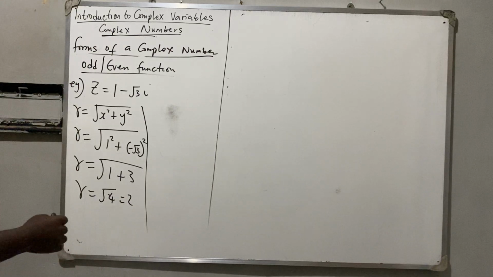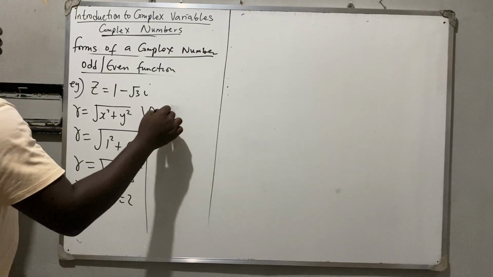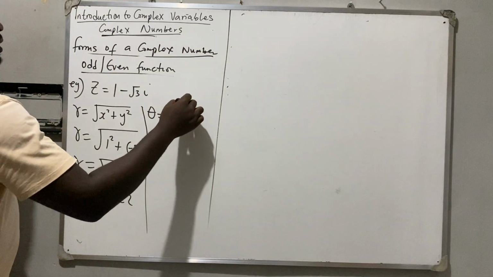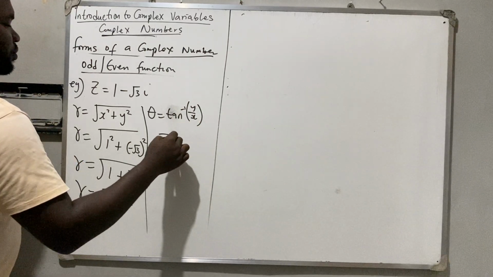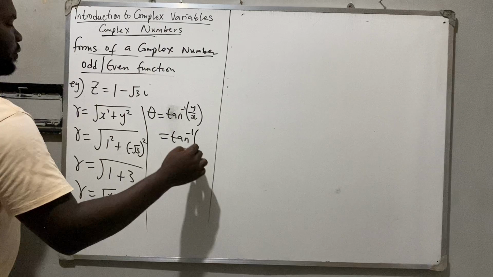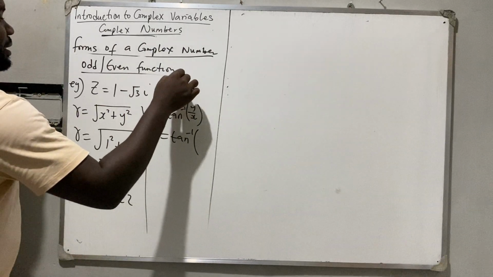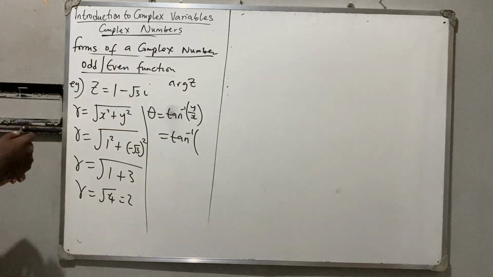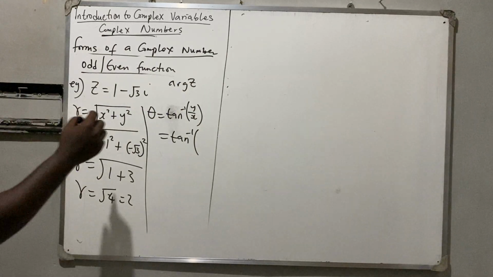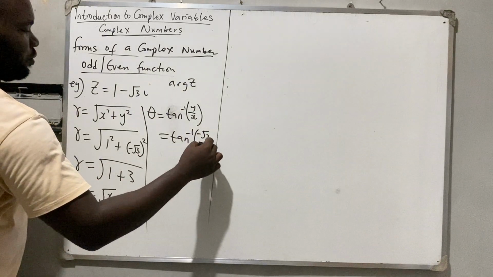So the next thing to get is our theta. Our theta is equal to what? The arctan or tan inverse of y over x. Remember that theta can be called arg z, argument of z. Sometimes they don't ask you theta, they will just say find argument of z. So this is minus root 3 over 1.